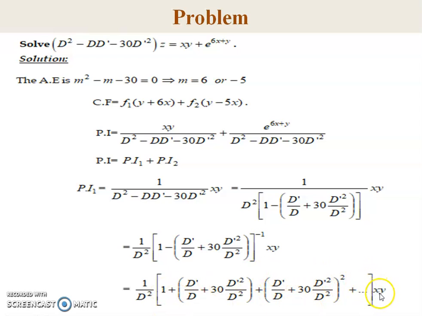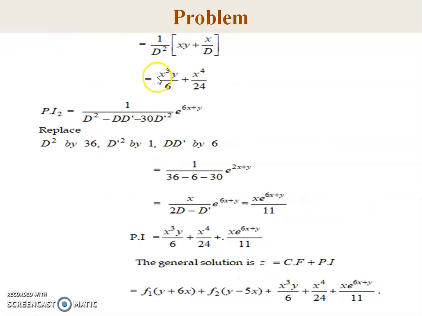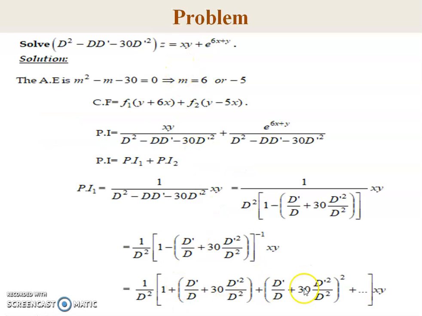The function is xy; the degree of x is 1 and the degree of y is also 1. So if we differentiate this twice, it becomes 0. So only one differentiation is enough, up to D' by D is enough. So leave all the other terms. We get 1 by D square xy plus x by D. D' means differentiate with respect to y.